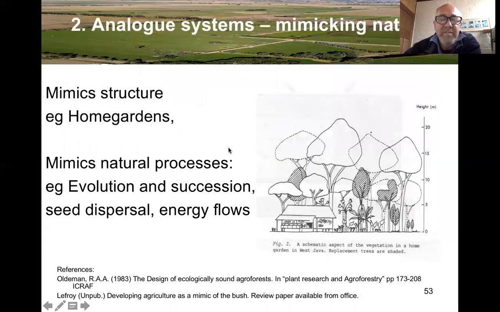Another way of thinking about this, and Andrew alluded to this too in his presentation, is the analog system. Andrew referred to looking back at what the landscape looked like before European settlement to understand what sort of tree cover it could withstand, how tall the trees were, the types of species, and what factors impacted the landscape, to understand the biodiversity and the water as it traveled through the system.